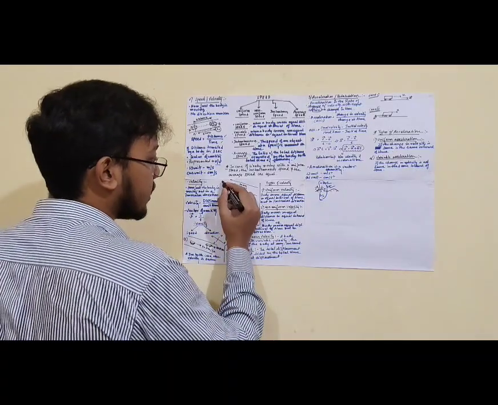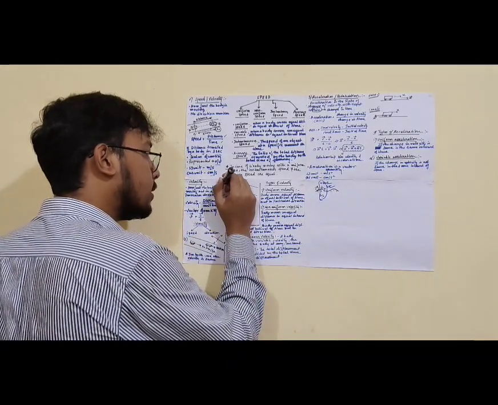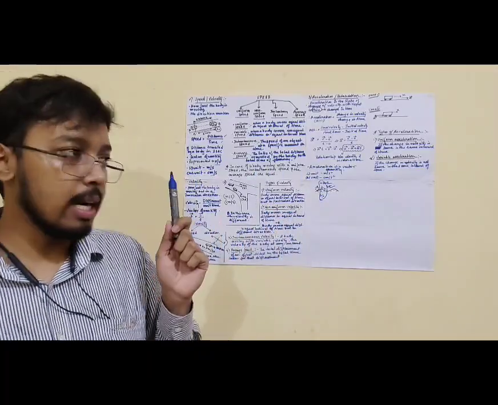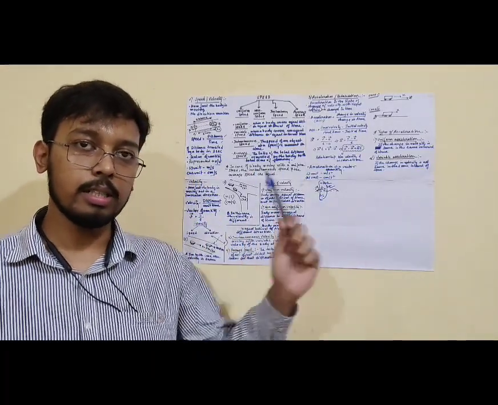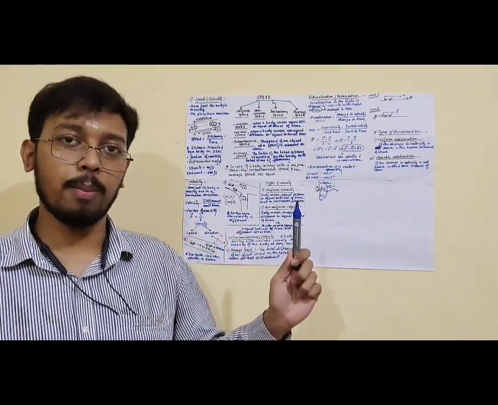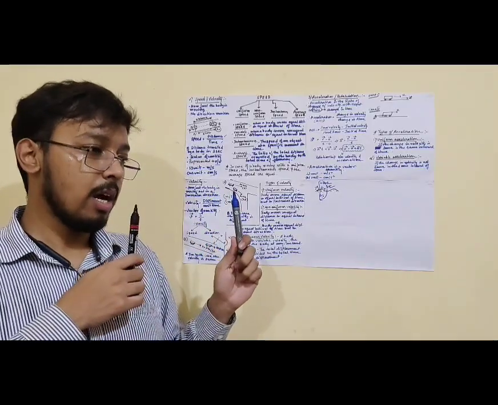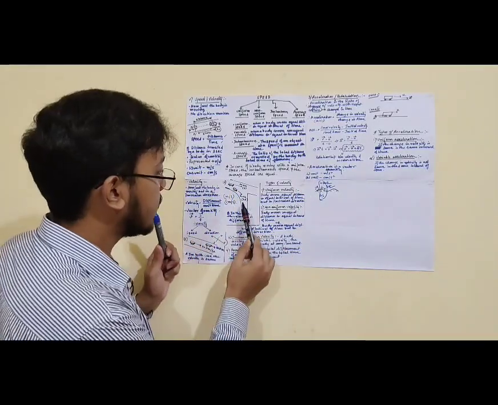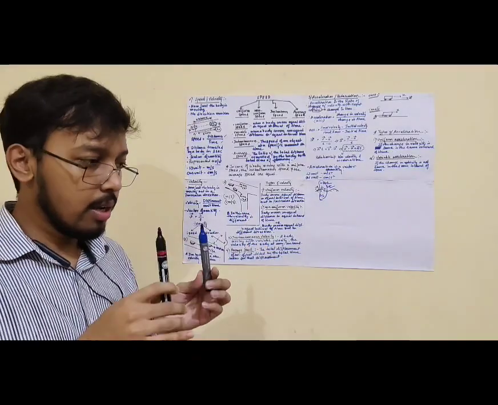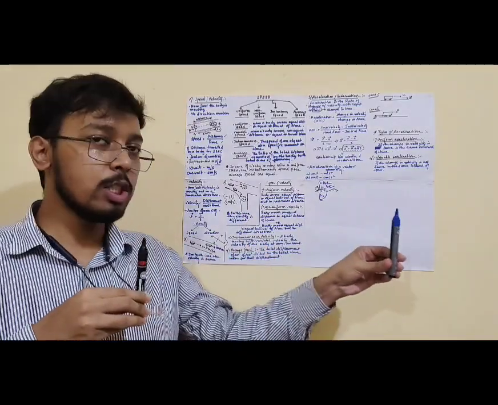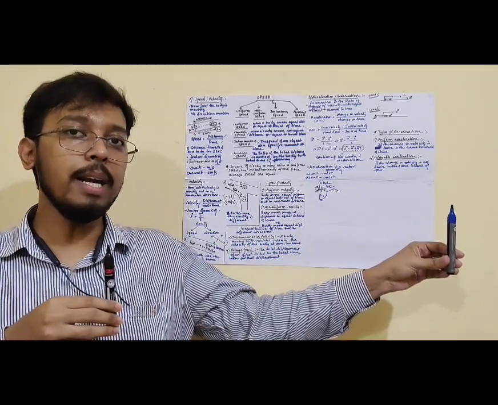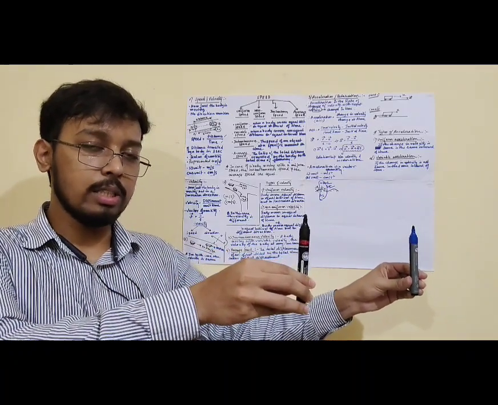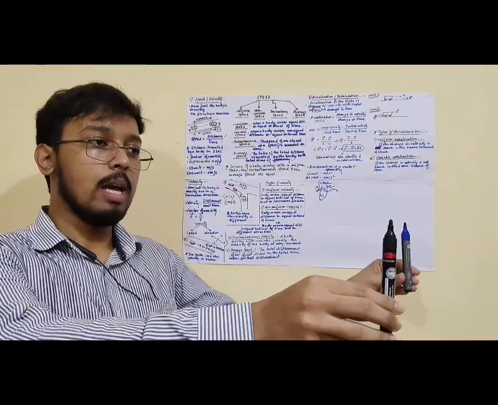Now in case B, consider car A moving forward in the east direction with 30 km per hour. But car B, after going, changes its direction towards the southeast. Car A is going in the eastward direction with 30 km per hour speed, and car B is changing its direction and going in the southeast direction with 30 km per hour.